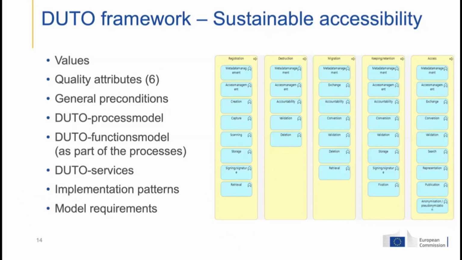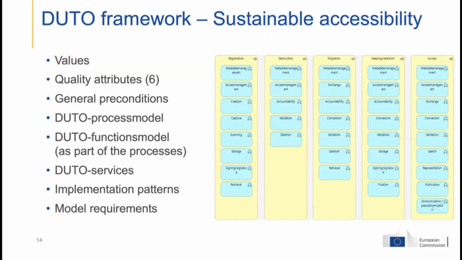But the connection to the EAG e-archiving reference architecture is on the level of the DUTO process model and the DUTO functions model. And those processes you see on the right in the yellow columns, and within those processes, DUTO functions, sustainable accessibility functions. Sustainable accessibility is the translation of DUTO in the Netherlands.